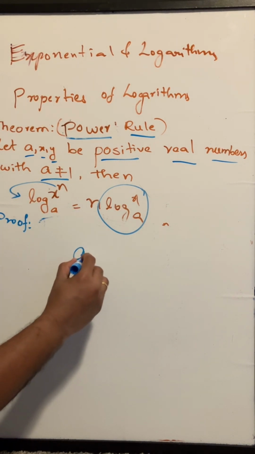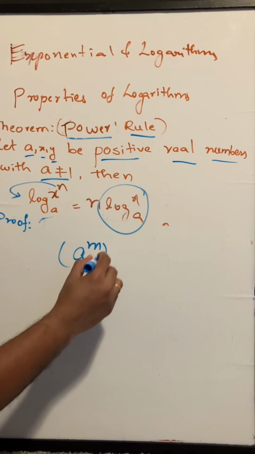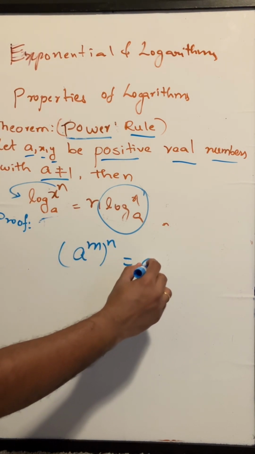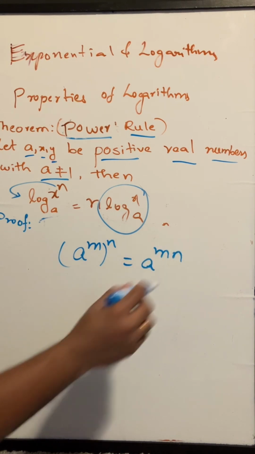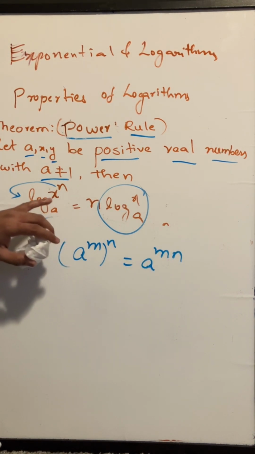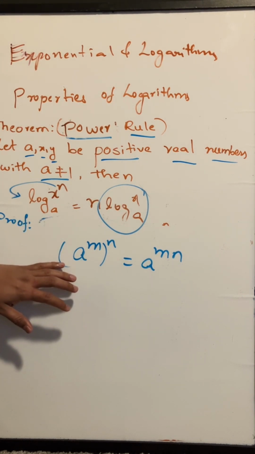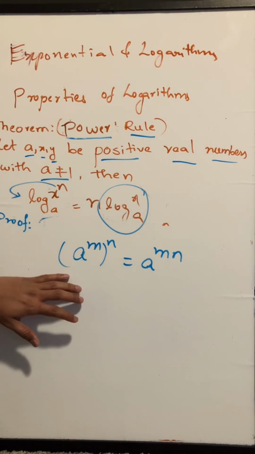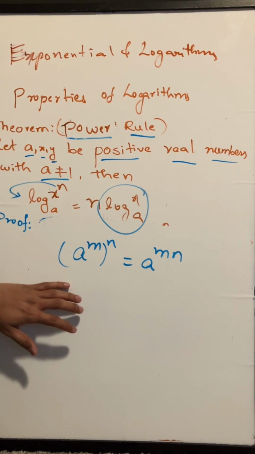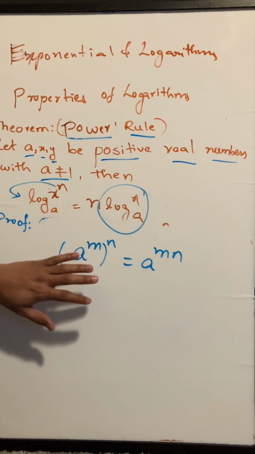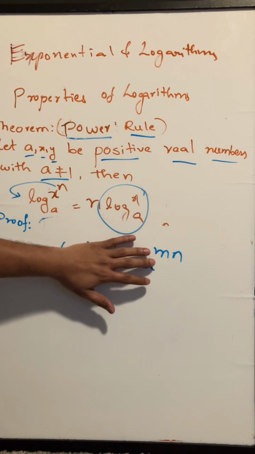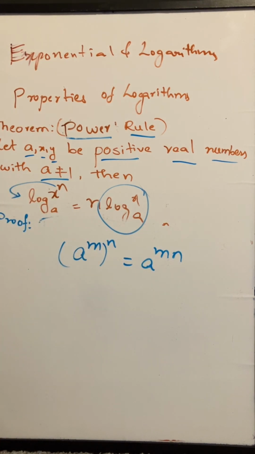That is, a to the power of m, to the power of n, is equivalent to a to the power of mn. In order to prove this one, we depend on this. This is already proven, so we don't prove it again. That's the intent. Since it is already proven, we can take it for granted and go further down.